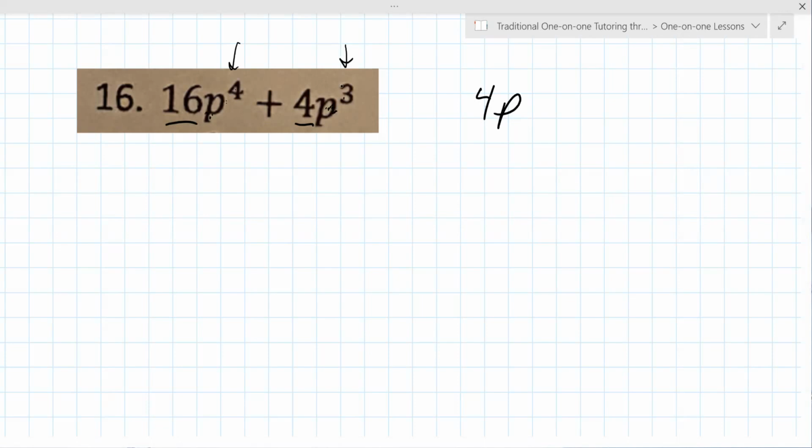That's a question directed at you. Which is smaller, 3 or 4?